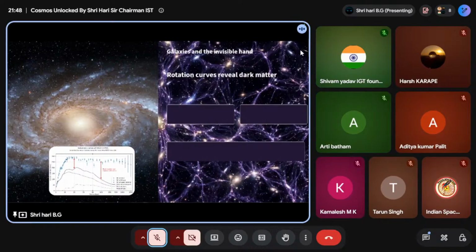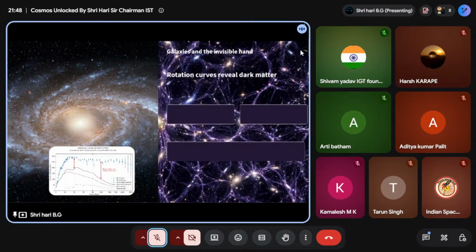So for the graph to look like this, there must be two possibilities. One possibility is that we made a mathematical calculation error, or there is something in the galaxy making the graph look like this, and that matter we don't know. The calculation is perfect.